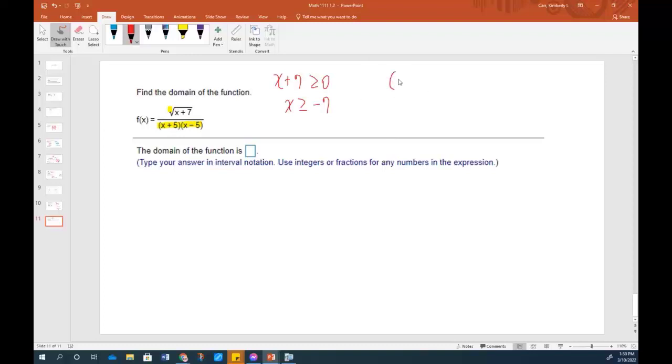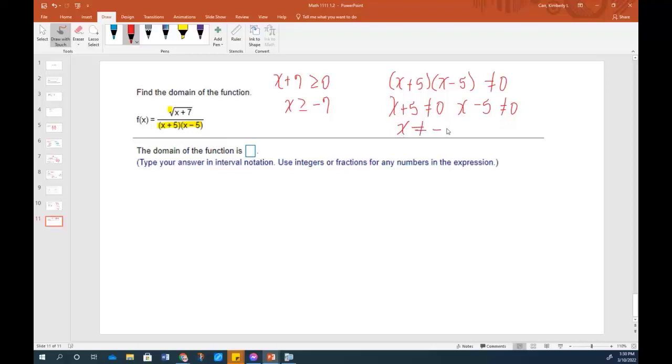Additionally, because of the denominator, x plus 5 times x minus 5 cannot equal 0. So that means x plus 5 cannot equal 0, as well as x minus 5 cannot equal 0.